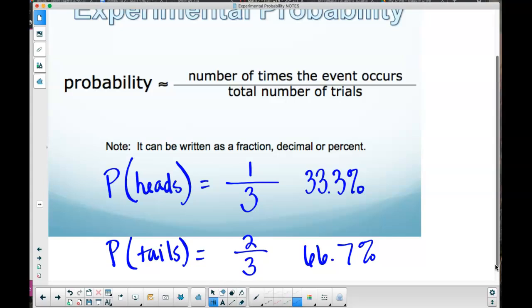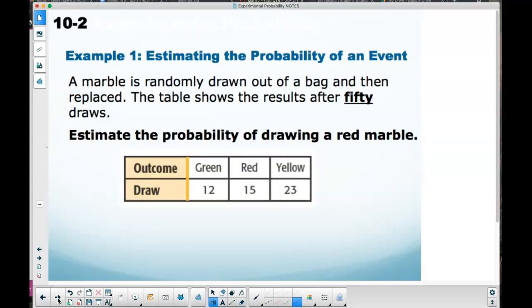Okay, so what you're going to see today is some problems like this. A marble is randomly drawn out of a bag and then replaced. The table shows the results after 50 draws. Estimate the probability of drawing a red marble. So we want to know the probability, P stands for probability, of getting a red marble. And we're going to start by writing that as a fraction. How many times did they get a red marble? Caleb. 15.